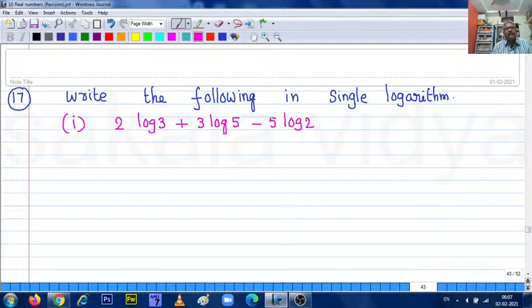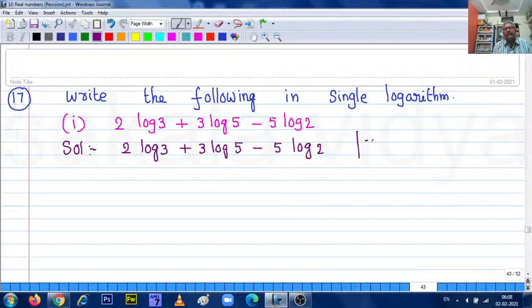Express 2 log 3 plus 3 log 5 minus 5 log 2 as a single logarithm. So now see the solution. Whatever is given, write down: 2 log 3 plus 3 log 5 minus 5 log 2. In logarithms, we have one formula.